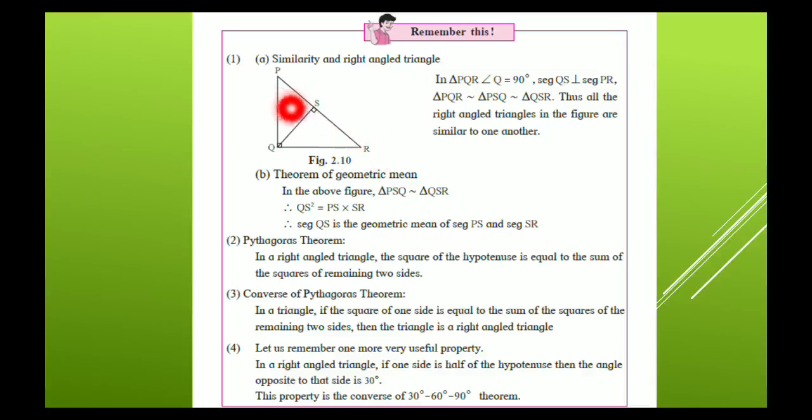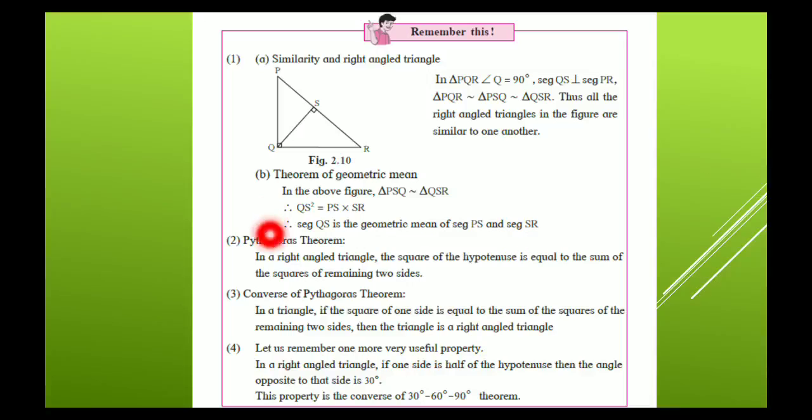If both the triangles are similar, according to the theorem of geometric mean, we can write QS square is equal to PS multiply SR. QS square is equal to PS multiply SR, where QS is the geometric mean of PS and SR.